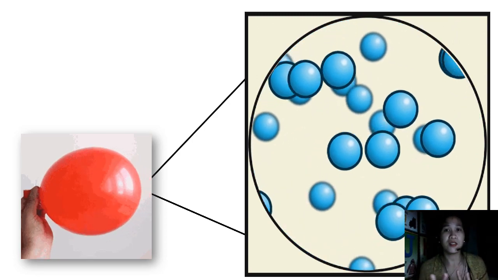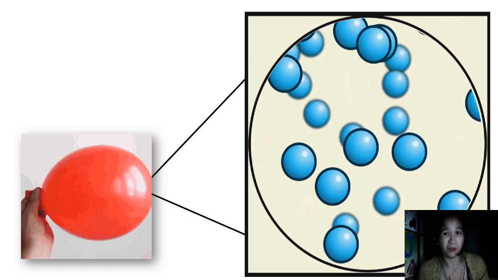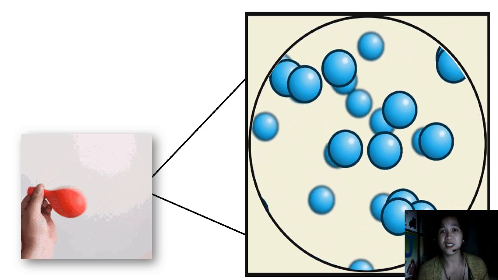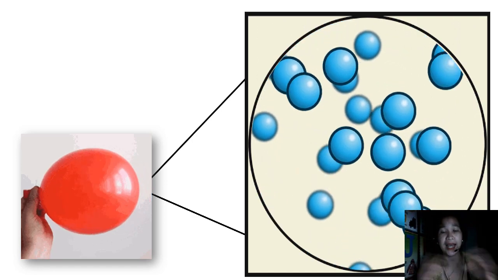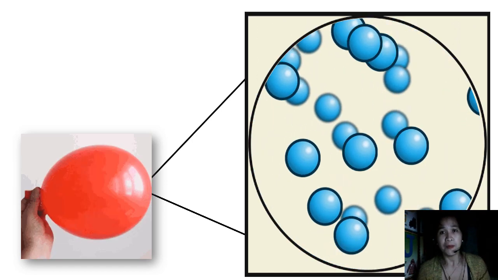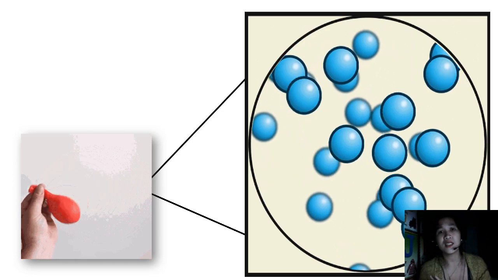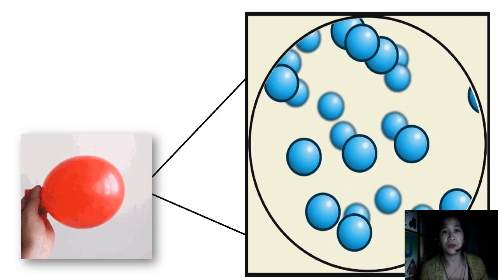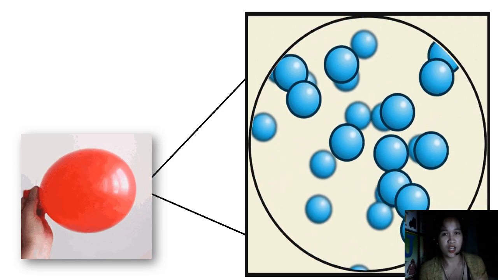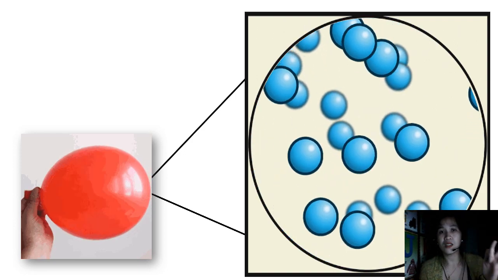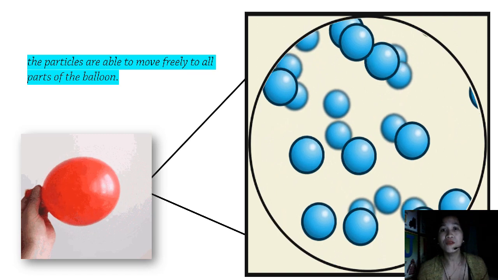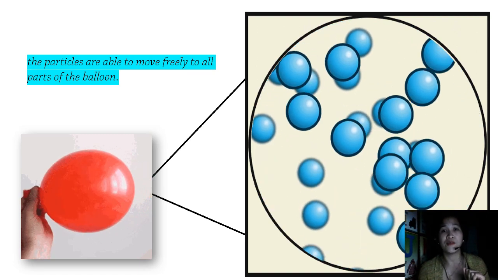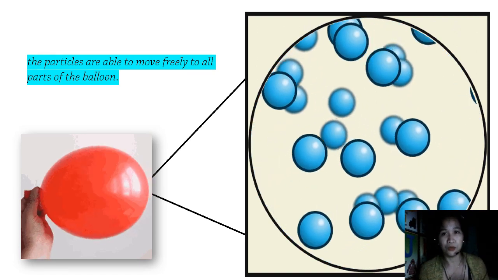Attraction between the particles is negligible because of the large distance between them. This explains why a gas spreads, because its particles fill all the available space in the balloon. Gases take the shape of the balloon because the particles are able to move freely to all parts of the balloon.